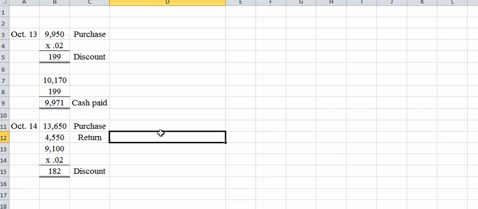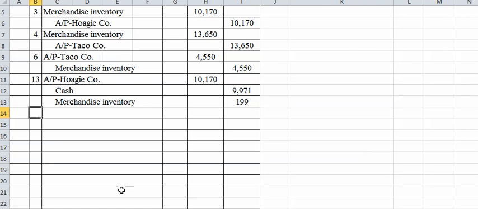The first thing, if we've settled this debt, the first thing that needs to come off the books is the accounts payable to Taco Company. So let's go back and look. Accounts payable Taco Company went on the books as a credit for $13,650. We reduced it by the amount of the return, $4,550. So the balance left in accounts payable Taco Company, we've already calculated it once, is $9,100, but let's do it like this.